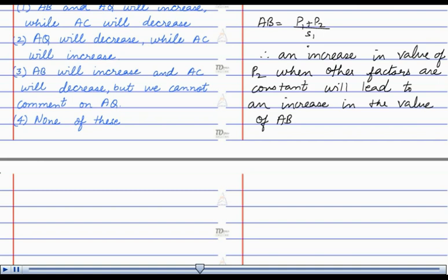Also, AC is given by P1 plus P2 upon S1 plus S2.